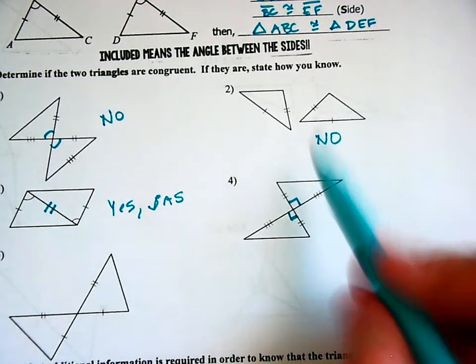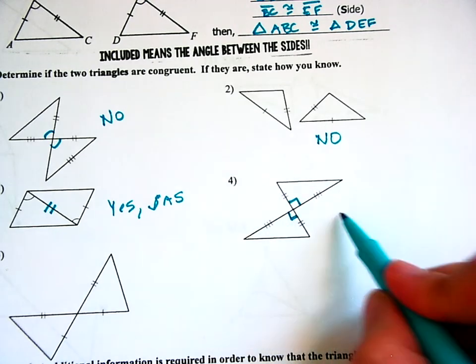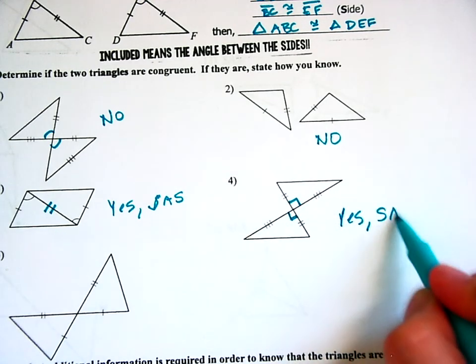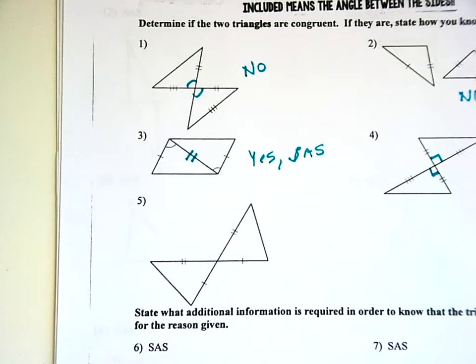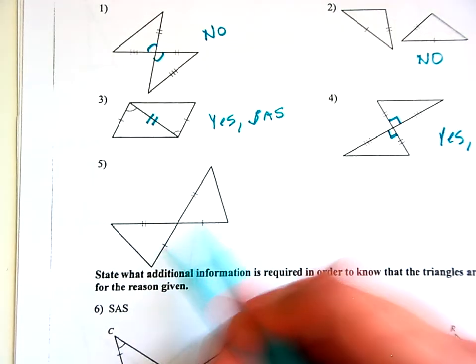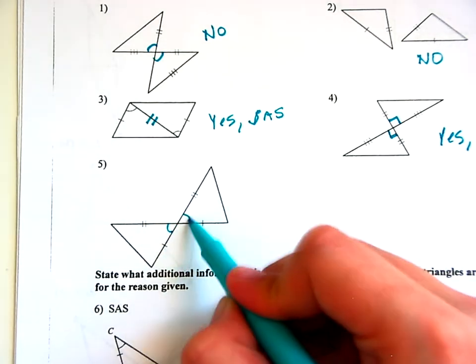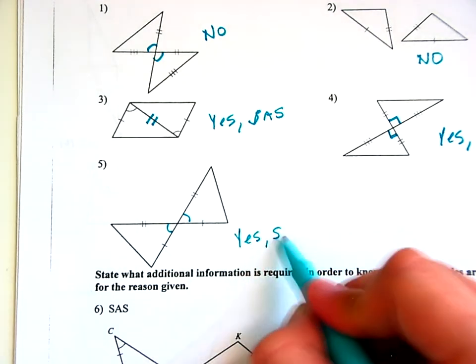So in this picture, this is a side angle side. Same thing with this triangle. So yes, these are congruent. Last one in this picture, we've got sides congruent, and then again, we always know vertical angles are congruent. So yes, using side angle side.